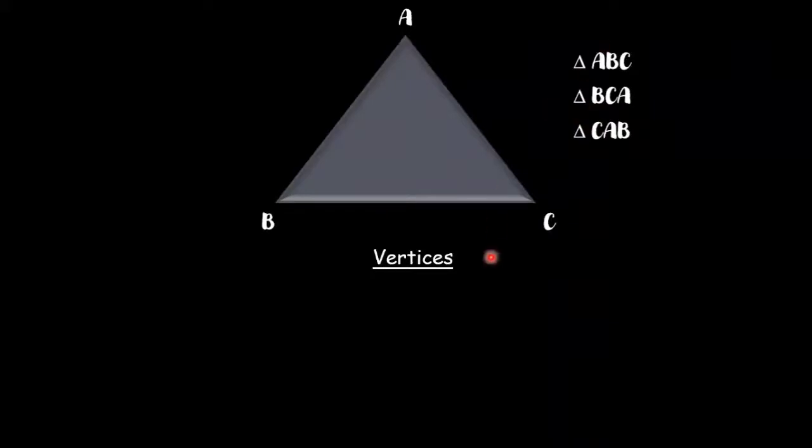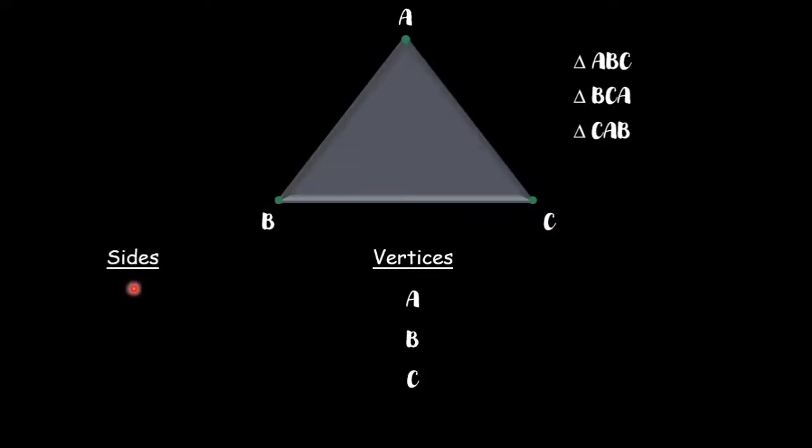So we have a triangle with three vertices, that is vertex or point A, then vertex or point B, and vertex or point C. Now we can see that these vertices are joined by lines. Two vertices form one line segment, and this line segment is called a side of a triangle.